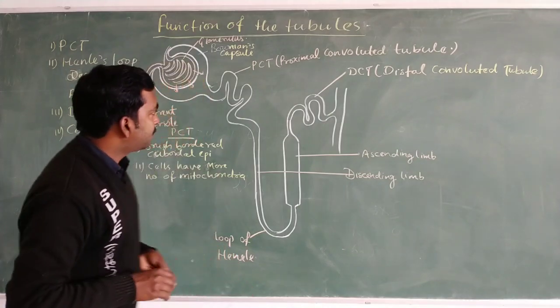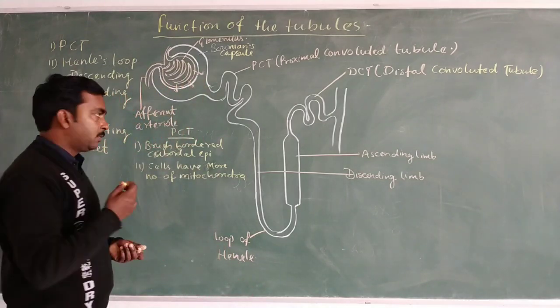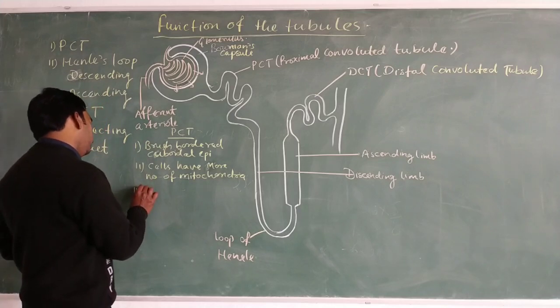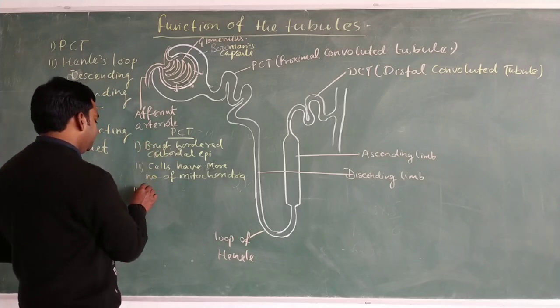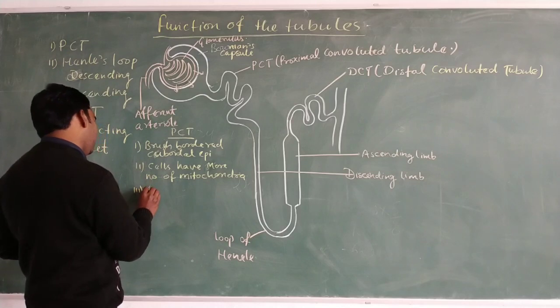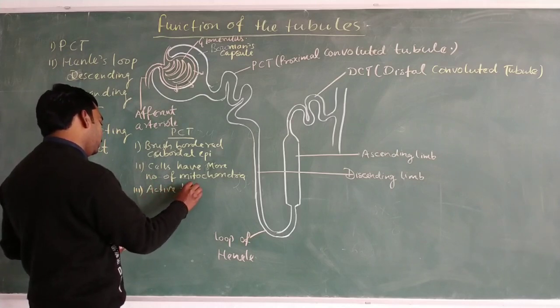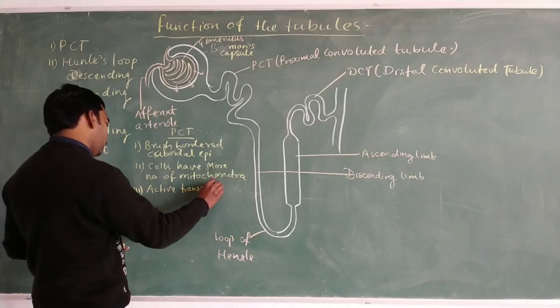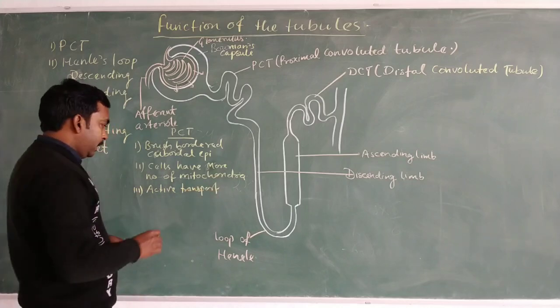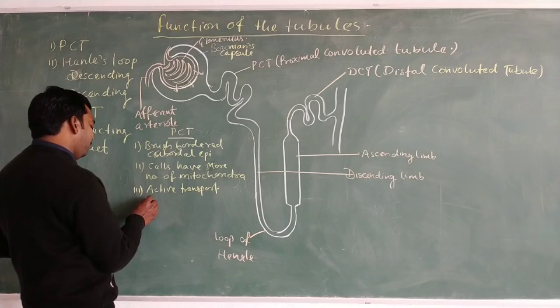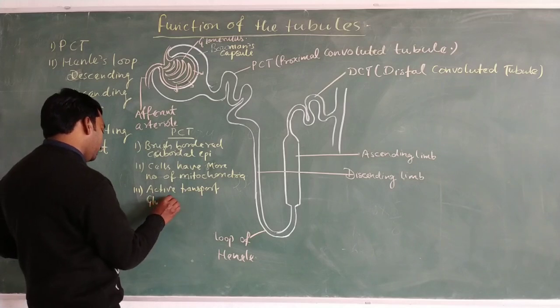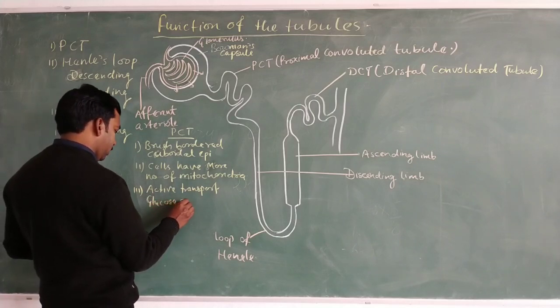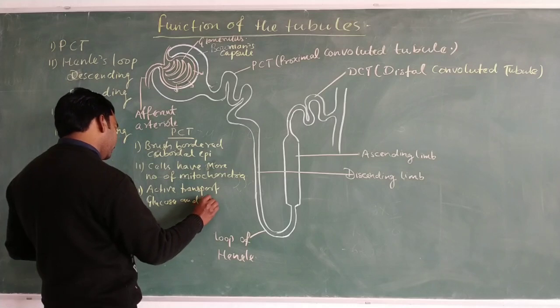So what things get transported through this membrane? It is permeable and responsible for active transport. Active transport involves glucose and amino acids.